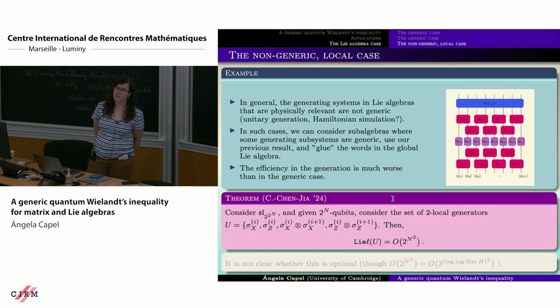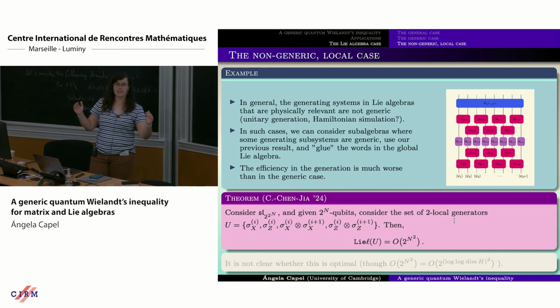So we consider essentially the Pauli X and the Pauli Z on individual qubits. These are the purple boxes that I'm writing here. And then we consider pairs of consecutive qubits, and we consider the products of two consecutive X Paulis and two consecutive Z Paulis.